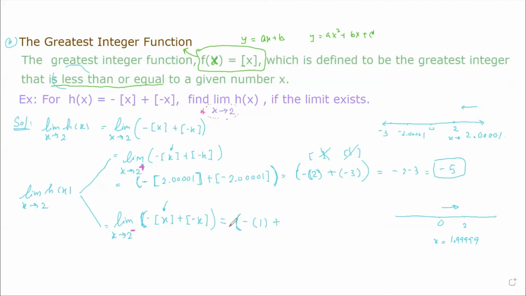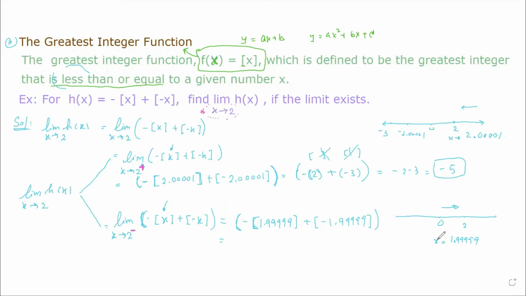And then plus. Maybe I replace first, you won't be confused. So it becomes 1.99999, still in the box because we haven't read it out. Then plus, and this one is going to be minus 1.99999 and close. After this, now we can read.